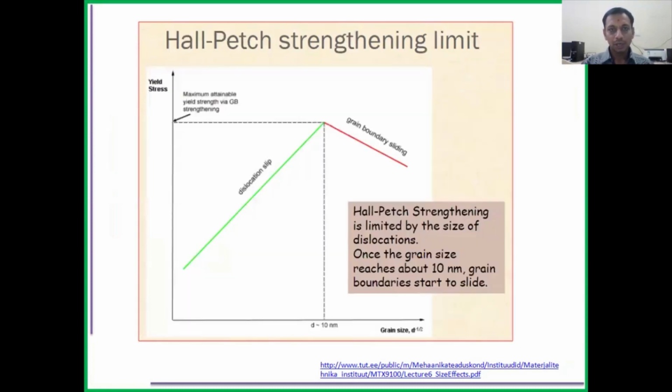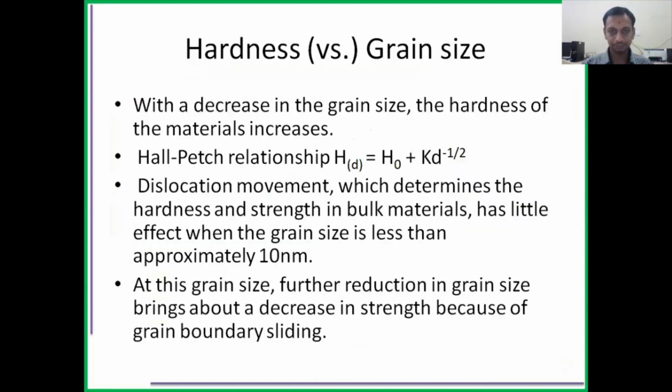So here, in the Hall-Petch equation, you can see dislocation slip and grain boundary sliding. So this size is very important, 10 nanometer. Gradually you can increase the mechanical property, or strength, up to 10 nanometer. But after that 10 nanometer, some grain boundary sliding is happening. This is a general concept.